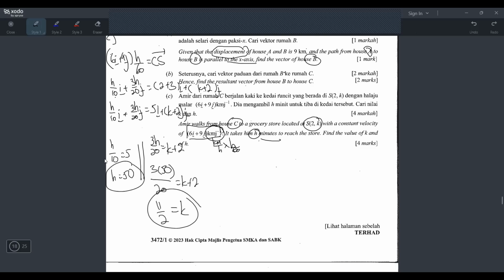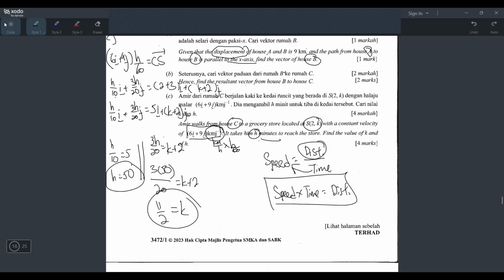This is the answer. I want to explain a bit more. Some students ask me, why, sir, are you taking the speed multiplied by the time? Let me tell you the formula. The formula for speed is distance over time. So to get the distance, you take speed multiplied by time.